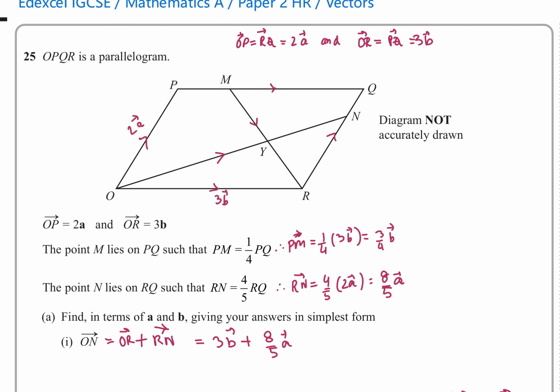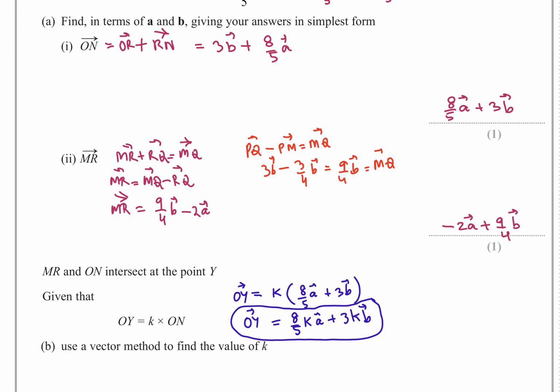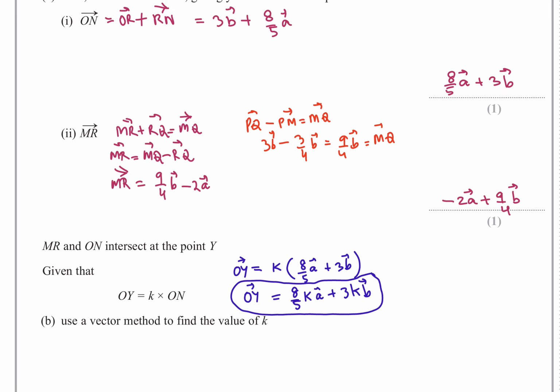We can do that bit later. So we say OY plus YN is equal to ON. That's the vector, okay?